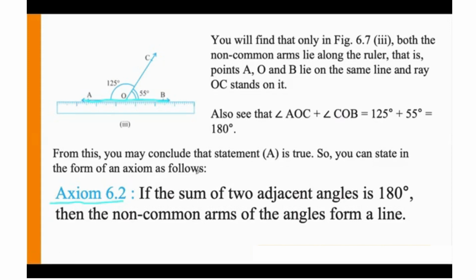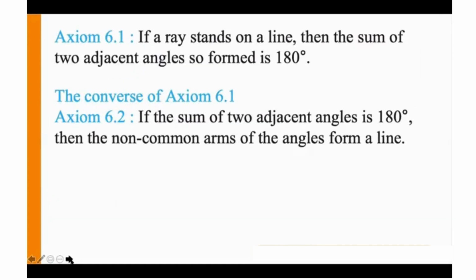And so you can state it in the form of an axiom. The first axiom we learned is axiom 6.1: if a ray stands on a line, then the sum of two adjacent angles so formed is 180 degrees.